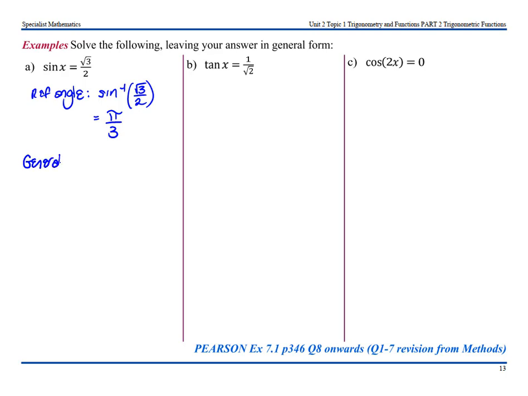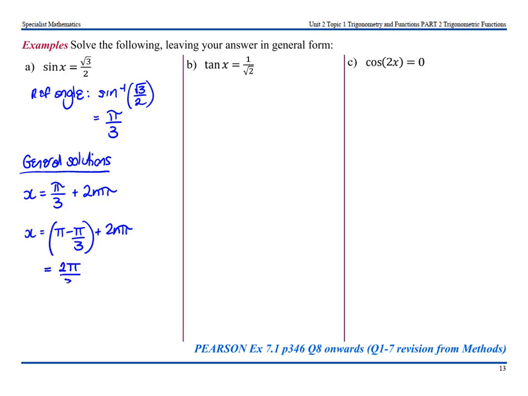So my general solutions are going to be pi on 3 plus 2n pi, or x equals pi minus pi on 3 plus 2n pi. So that's 2 pi on 3 plus 2n pi, where n is an element of Z. So n is an integer.